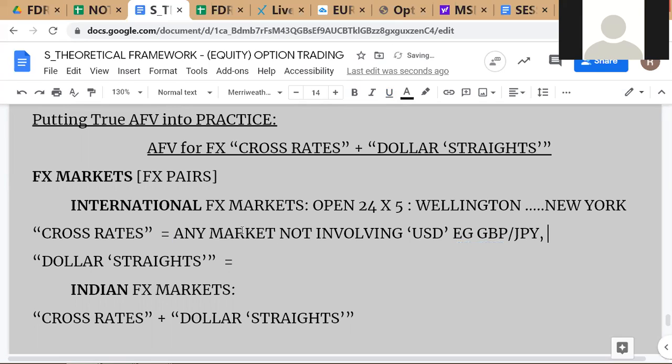You can think of all these examples. What is the distinctive feature of these markets? Cross rates in the international markets. FX cross rates.